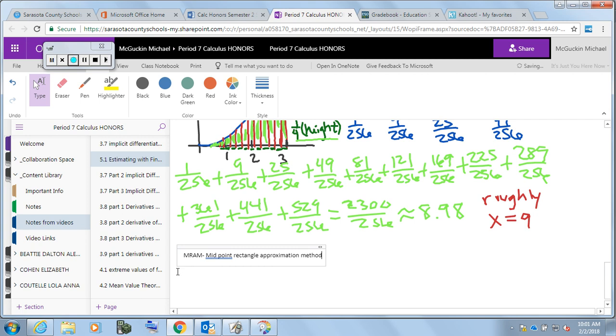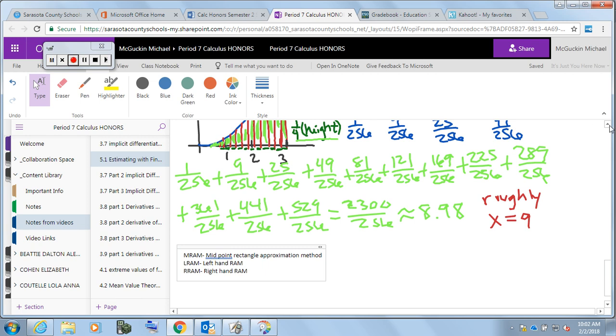On the other hand, you may see LRAM, which stands for the left hand rectangle approximation method, and then RRAM stands for your right hand rectangle approximation method, okay? And so when it says left hand or right hand, all this really means is that you are using the left end of the interval or the right end of the interval.